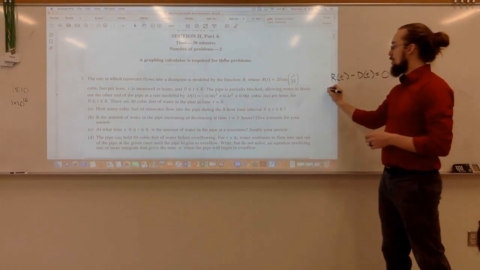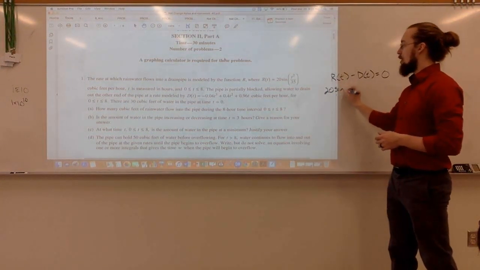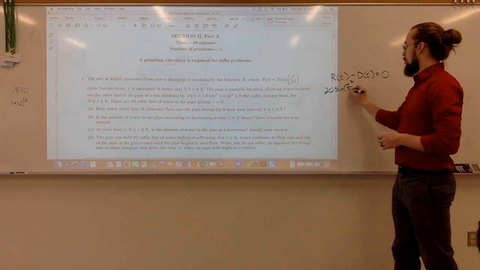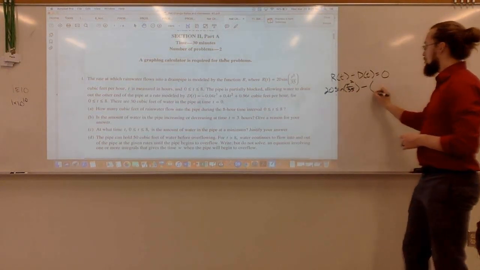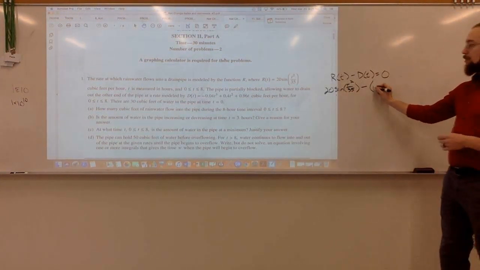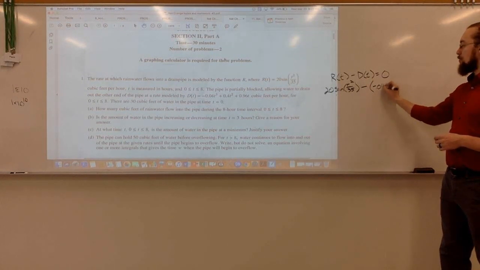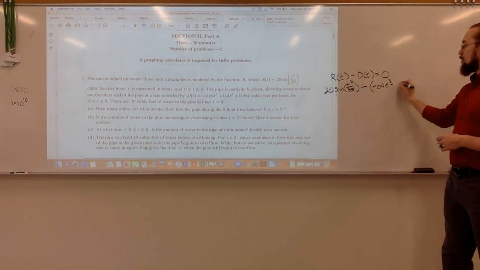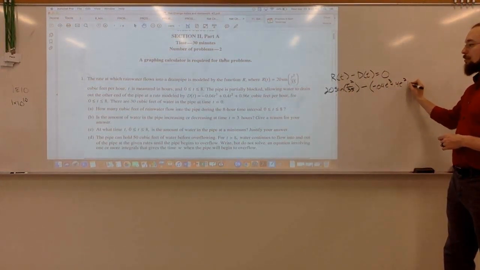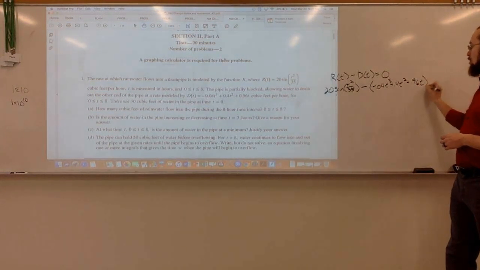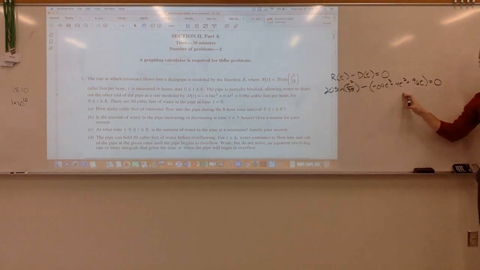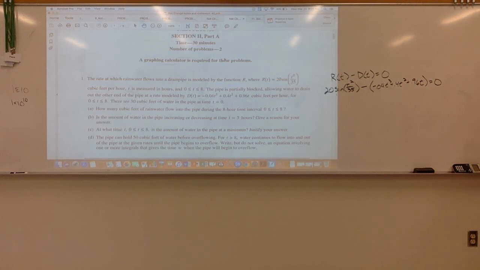So I'm going to say 20 sine of t squared over 35 minus, and again, make sure we're using parentheses, negative 0.04 t cubed plus 0.4 t squared plus 0.96 t. What would be the best way to solve this with a calculator? Graph it. That's going to be the easiest way.